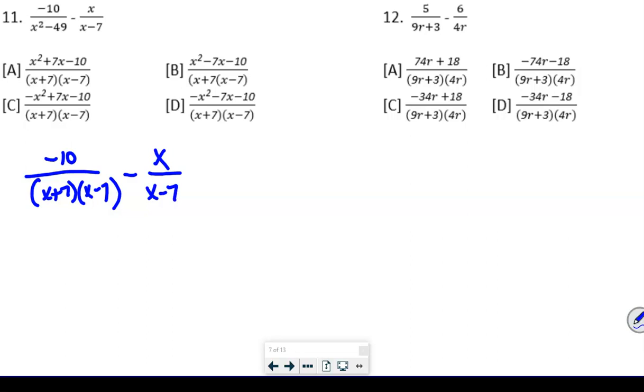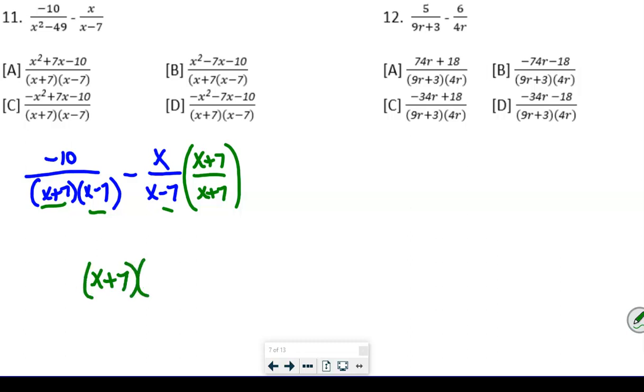So once again, let's talk about this. What do you notice? Over here, we got an x plus 7 and an x minus 7. Over here, we only have an x minus 7. So I'm going to go ahead and multiply this by the x plus 7 over the x plus 7. Now we have our common denominator, so I can write it x plus 7 times x minus 7, and then we're just trying to work on the top. So we get negative 10 minus, remember, be very careful here, y'all.